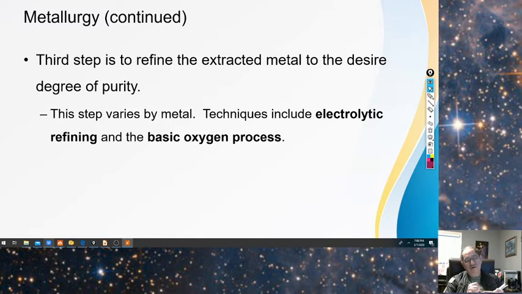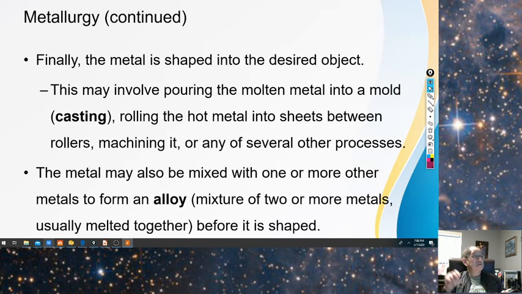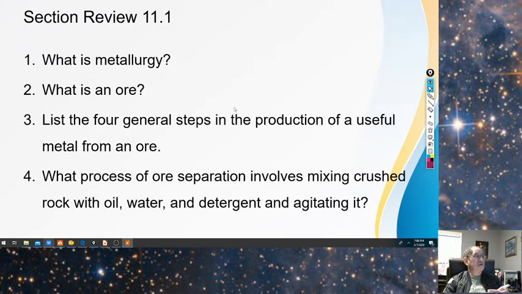Comes out pretty clear when we start talking about iron. Finally, the final step. And know what casting is. And know what an alloy is. Okay. An alloy. And that's 11.1.